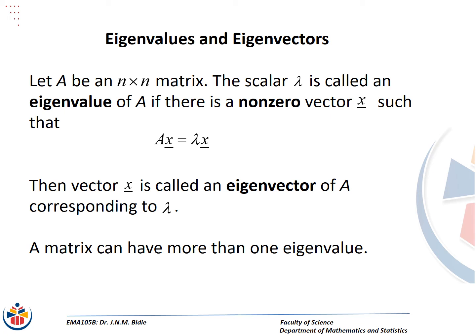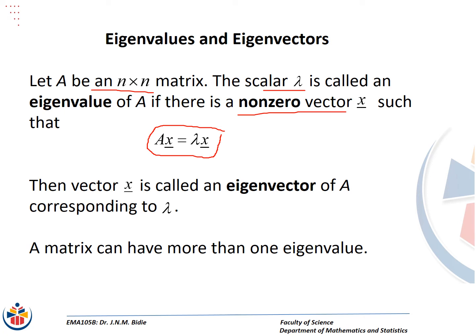Straight to eigenvalues and eigenvectors, where we apply both our knowledge of vectors and our knowledge of matrices. Firstly, let's note that A is a square matrix, lambda is a scalar. Then we say that scalar is an eigenvalue of A if it satisfies that equation where vector x is a non-zero vector.